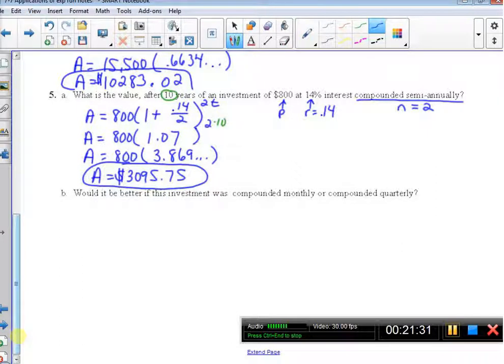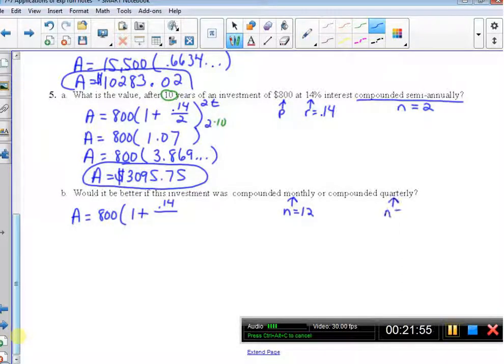Would it be better if this investment was compounded monthly or compounded quarterly? Okay, so compounded monthly would be A equals 800 times 1 plus 0.14 divided by, monthly would be N is 12.